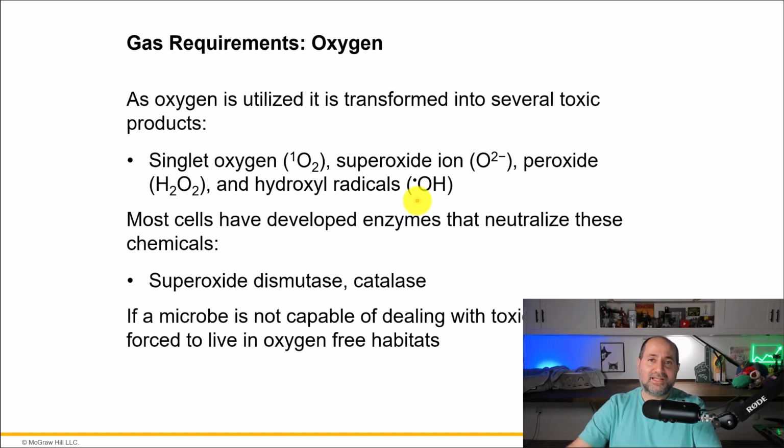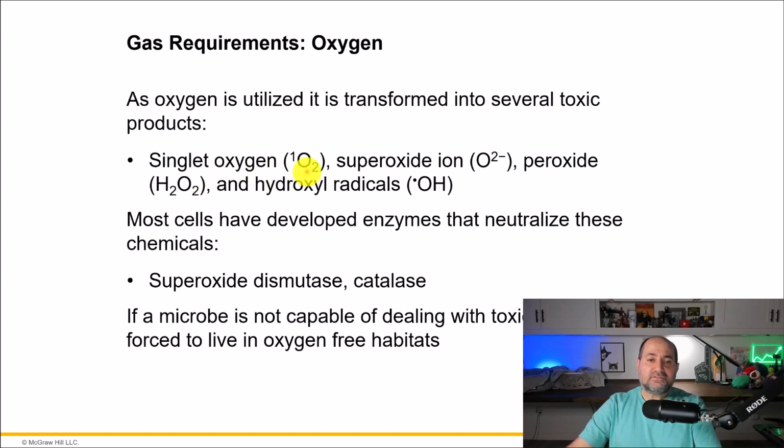Does that make sense? And so if a cell does not have the proper enzymes to break these back down into harmless forms of oxygen, then the cell ends up getting destroyed. And that's an organism that cannot grow in the presence of oxygen.